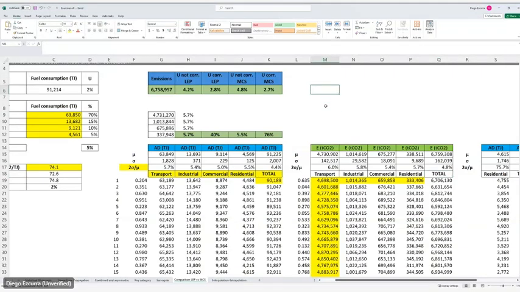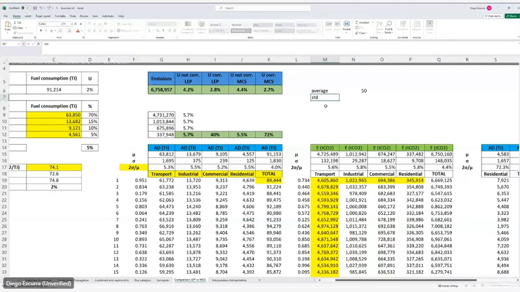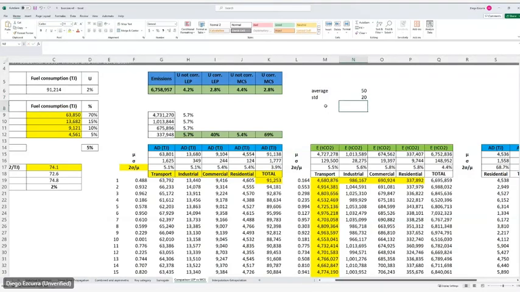Imagine you want to define a normal distribution with an average value of, I don't know, 50 and a standard deviation of, I don't know, 20. So how do I build this formula?